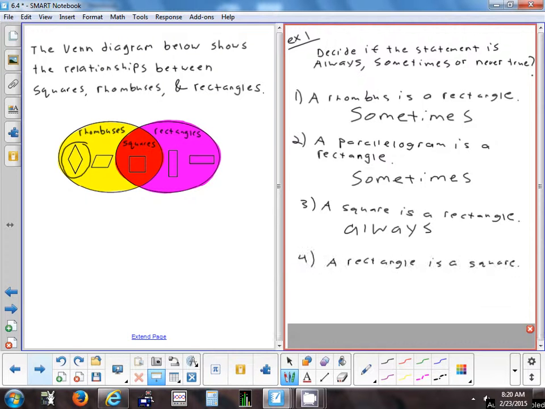You have to be careful. Think of something general and then more specific. A rectangle in that diagram is higher up, it's more general. If you live in Massachusetts, do you always live in Boston? No. You might not. So this is sometimes true.